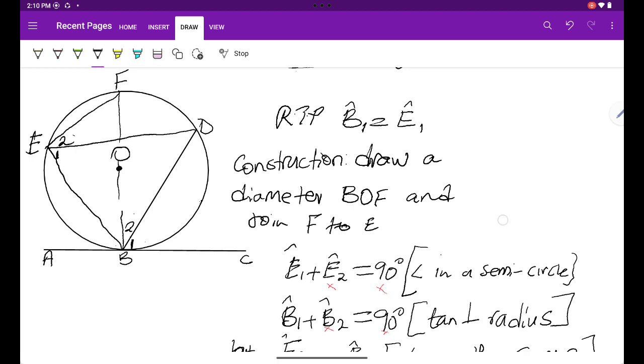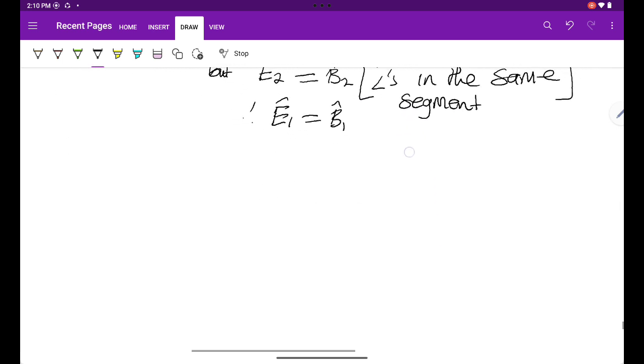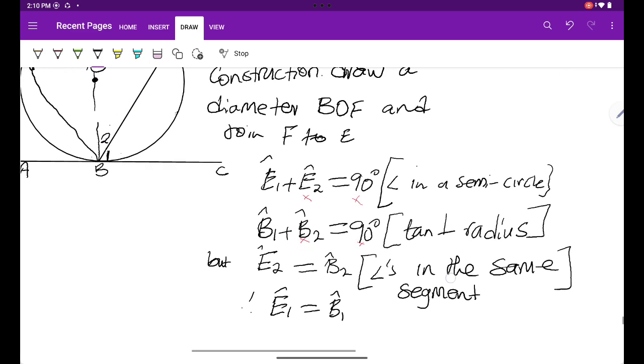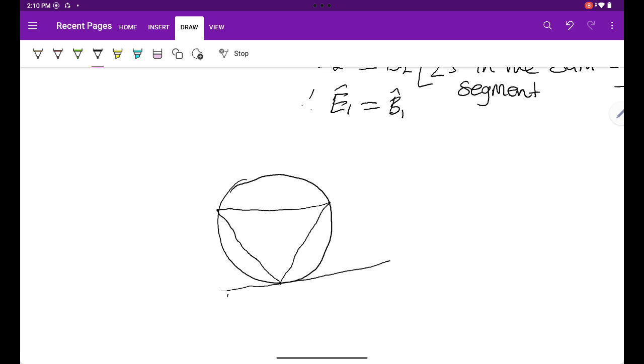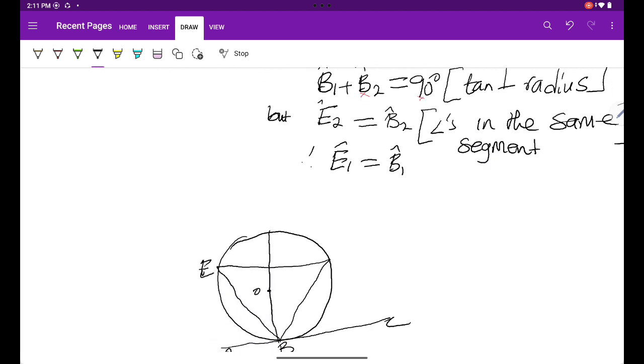Right. Now, I want us to look at a situation whereby we construct the other side. So, in other words, we have the same situation. We set our tangent, it's ABC, and then we have the center O. Here it's E, and we have a D there.